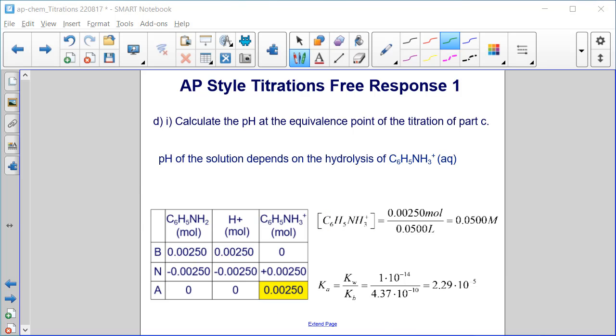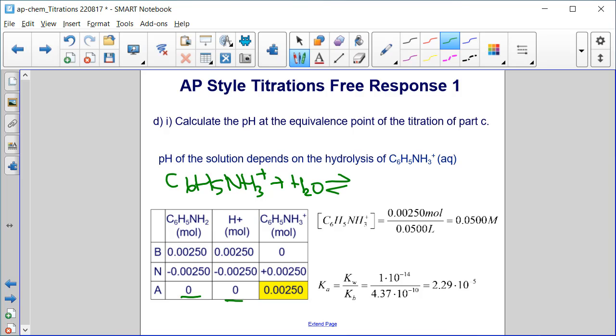So at the equivalence point, there's no more base left, no more aniline left. It has all been neutralized by the HCl. So we have no base and no strong acid left. What we're left with is C6H5NH3+, which undergoes hydrolysis in water.